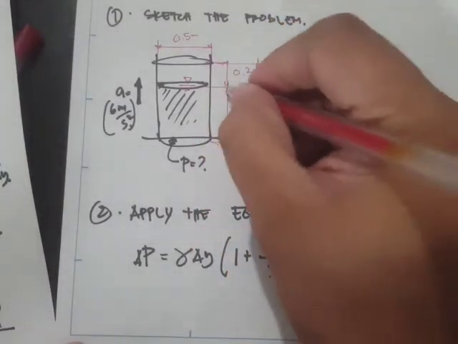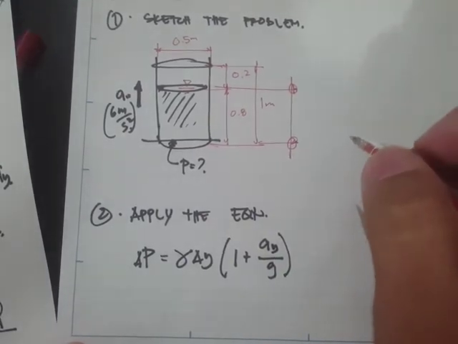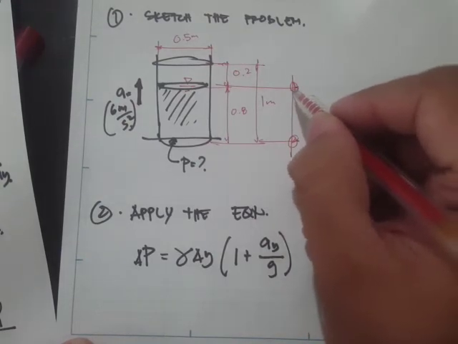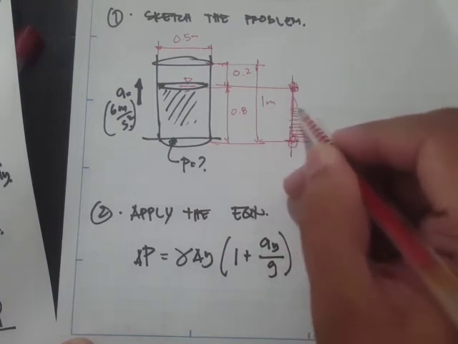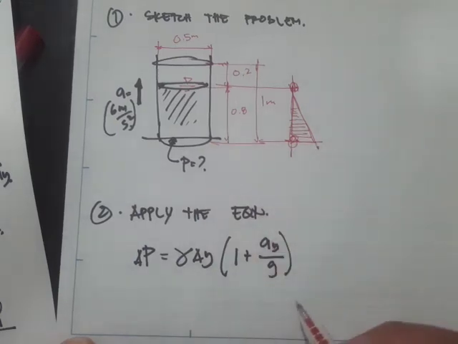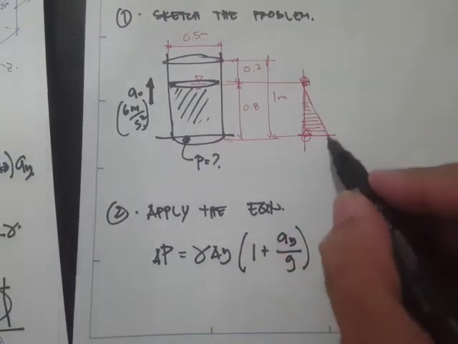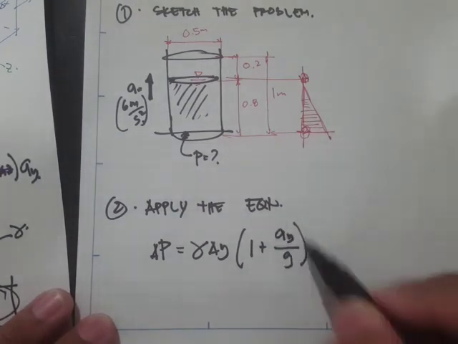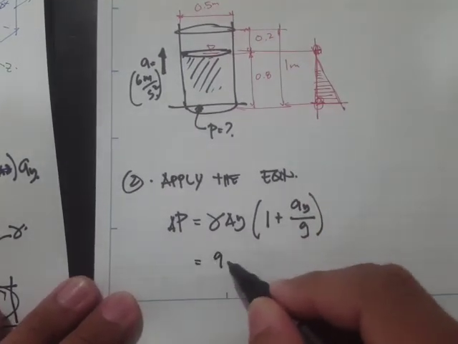Our reference is from point 1 to point 2. There's going to be a variation, but the point here is that we have a greater pressure at the bottom, plus some value from this term.